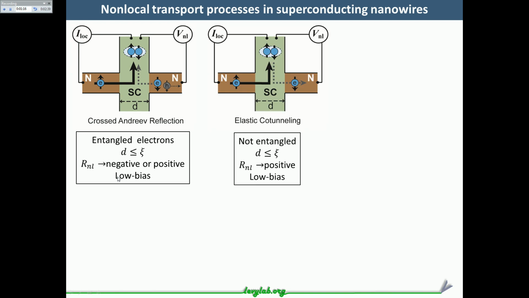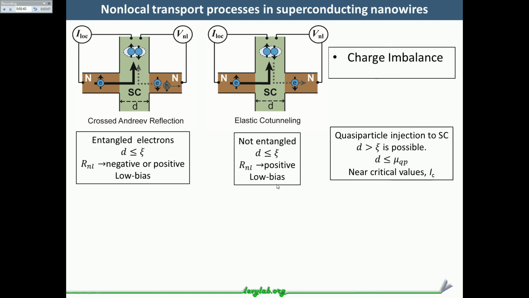Another process is elastic co-tunneling, where the normal electron is transmitted to the opposite lead via a virtual state in the superconductor. Again, this process happens within the superconducting coherence length. In this process, the resistance is generally always positive. Again, it happens near zero bias.